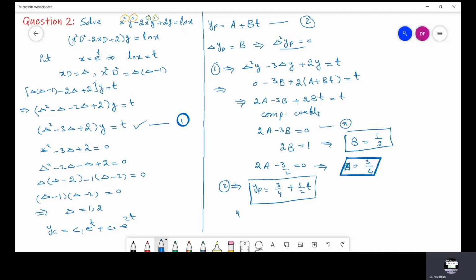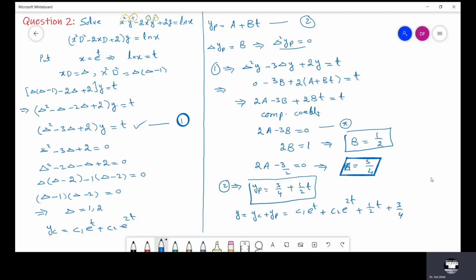And now the general solution y is equal to yc plus yp. Let us put values. We have c1 e power t plus c2 e power 2t. And the value of yp is 1 over 2t plus 3 by 4.